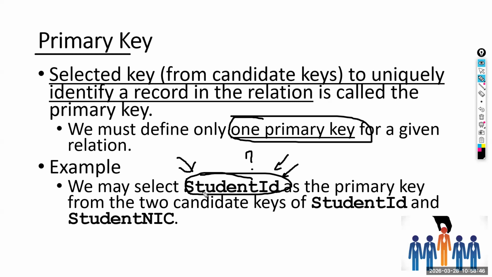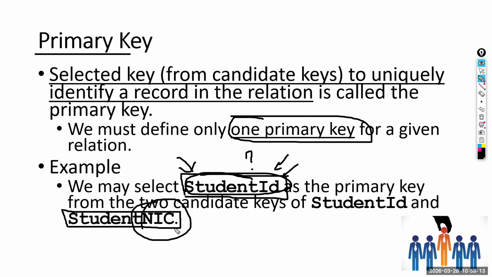Right. I prefer to go for student ID because student ID is something our system can control. Whereas student NIC is something beyond our control. And we don't know whether the government system has duplicate NICs.